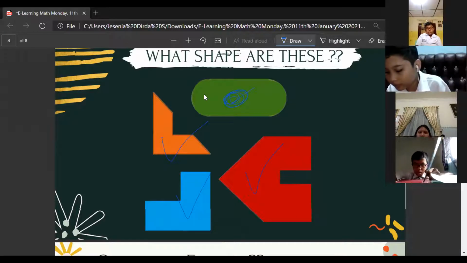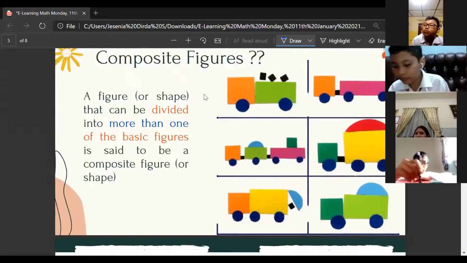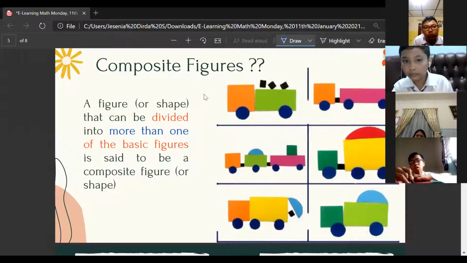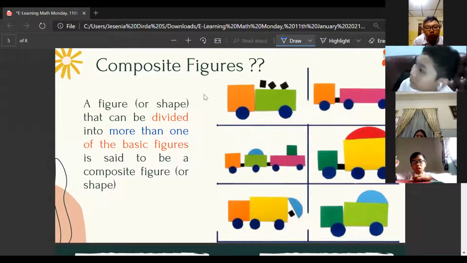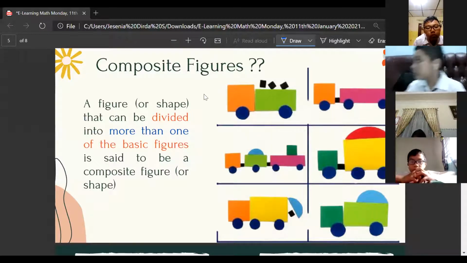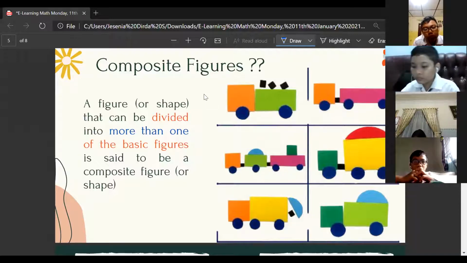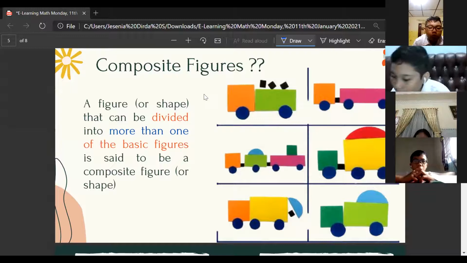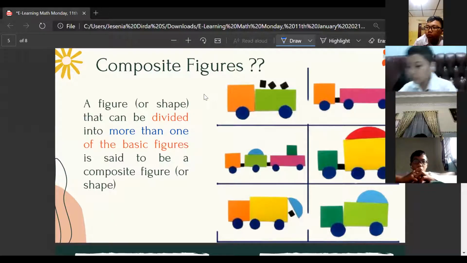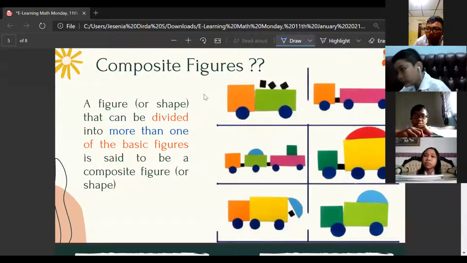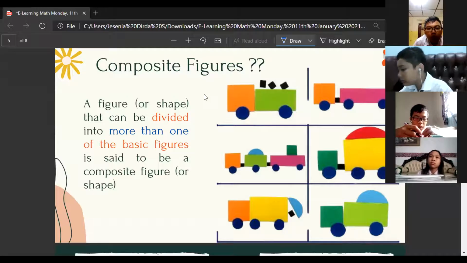Okay, now we continue to this. Now, from this picture, if I ask you, what picture is this? Kalau misalnya, what picture? You can say like, it's like a car, Miss, right? But if I ask you, what shape is this? How can you answer me? You cannot say like square, Miss, rectangle, Miss. You cannot, because it's like the composite figures of more than one basic figures.